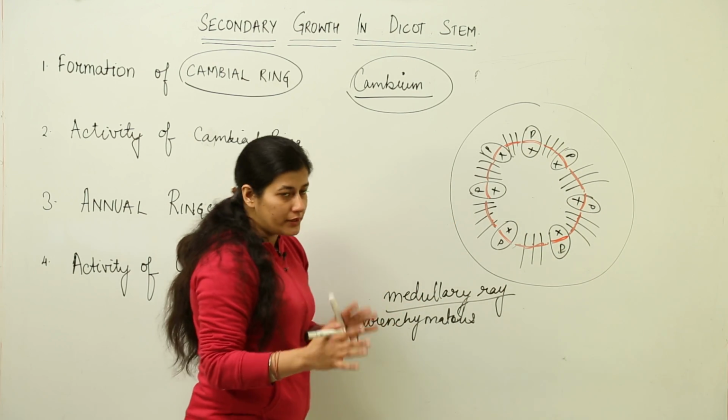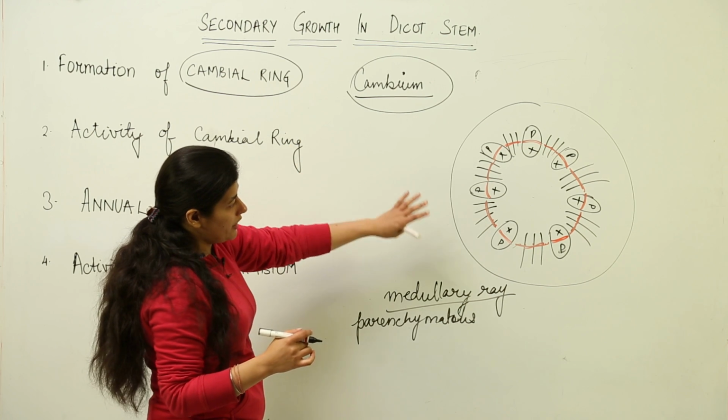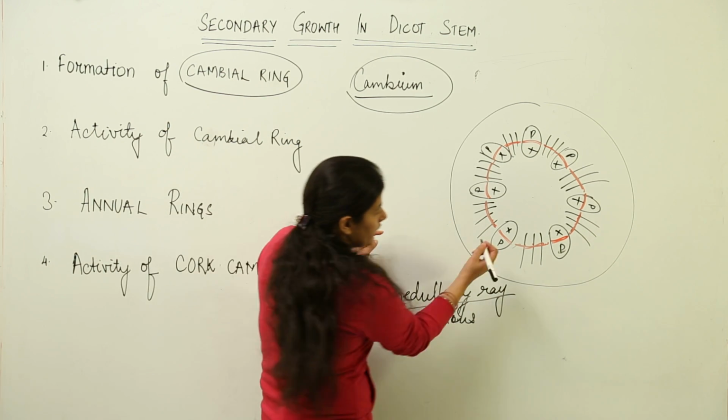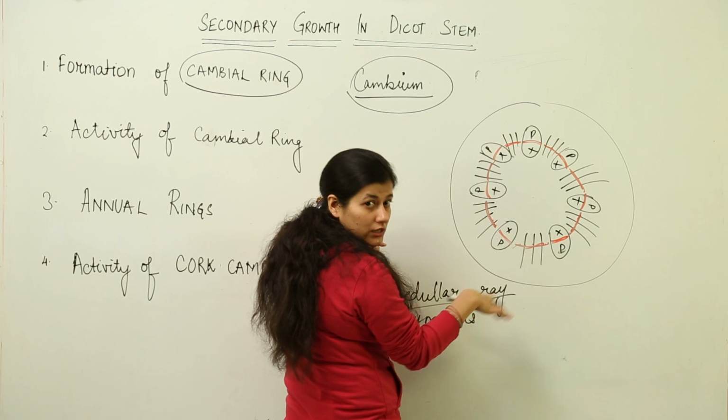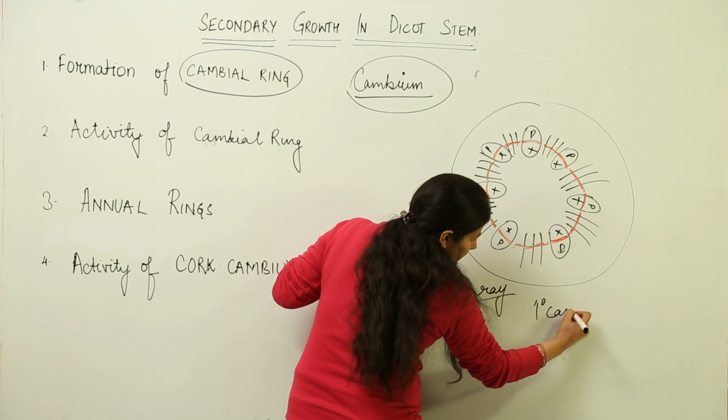Now what is to be remembered over here, before we pile up this first point where the cambium is formed: this particular cambium that lies within the vascular bundles is primary cambium, okay?